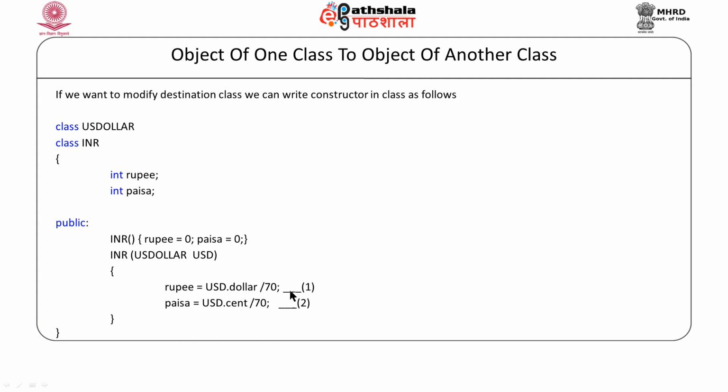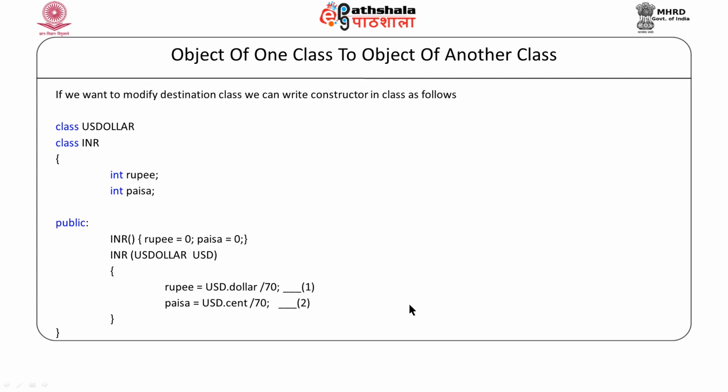Now, the conversion that I have written over here is not accurate. You can modify this code and obtain a more accurate way of converting dollars to rupees. But in general, if we assume that the conversion rate is 70 rupees per dollar, it is a very approximate kind of conversion that I have done.